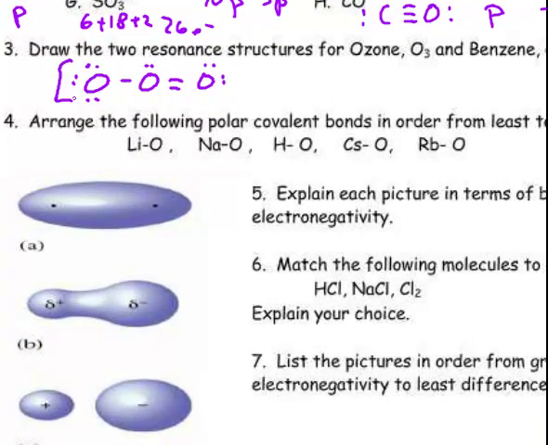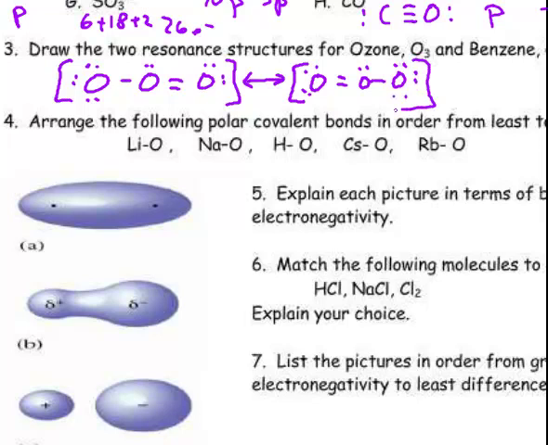So there's one structure. And the other structure is, instead of doing it from the right, you do it from the left. So double bond there, like so. So there's the 2 resonance structures of ozone. And remember, the overall structure, the real structure, would be an average of those 2.